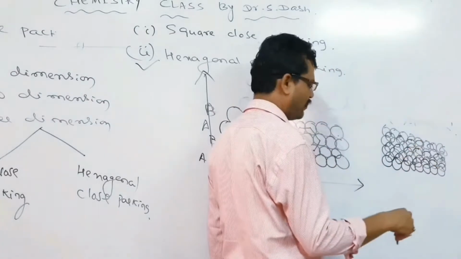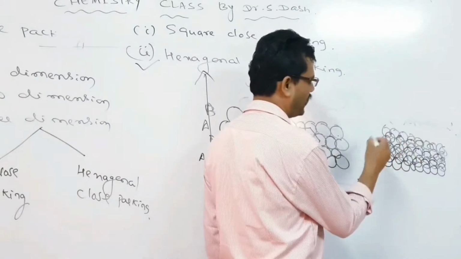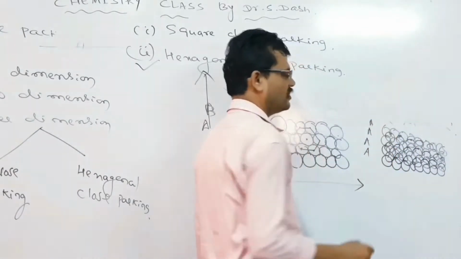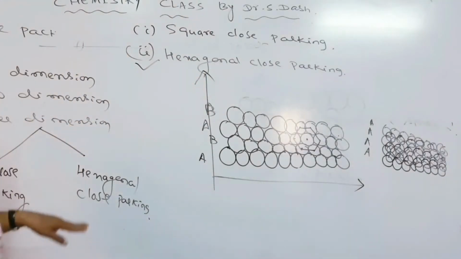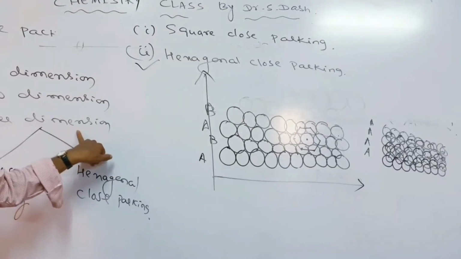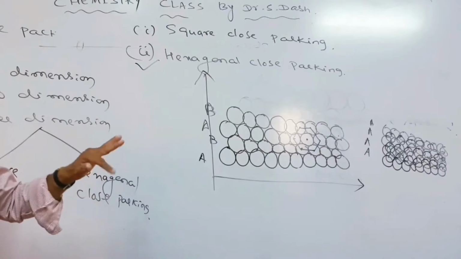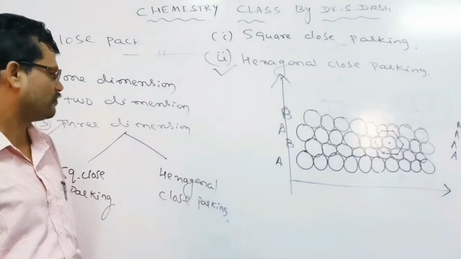When the third layer comes, it will come once again. If we go on repeatedly, the arrangement will be of A type, because the same type of arrangement happens in square close packing in a three-dimensional structure. So that is the case of square close packing in a three-dimensional structure.